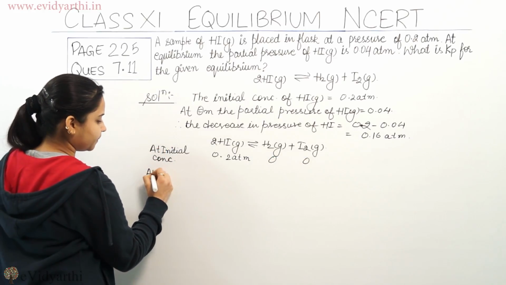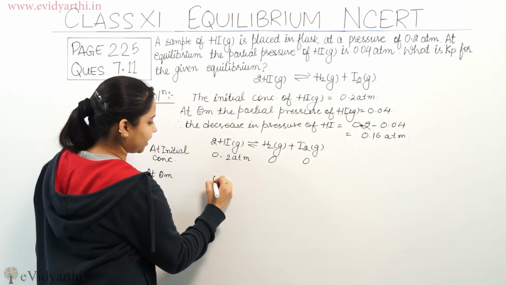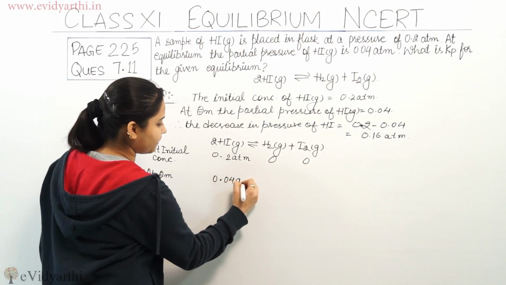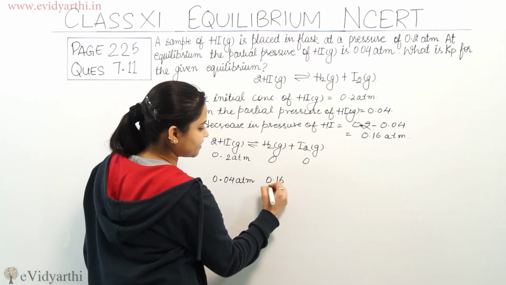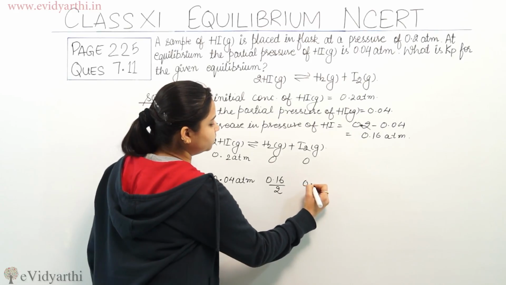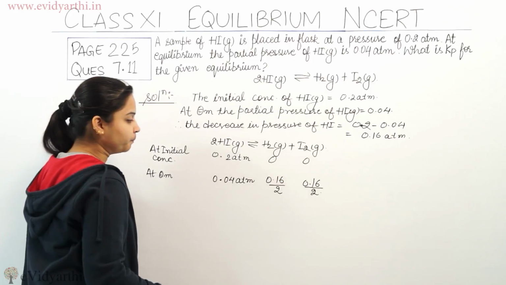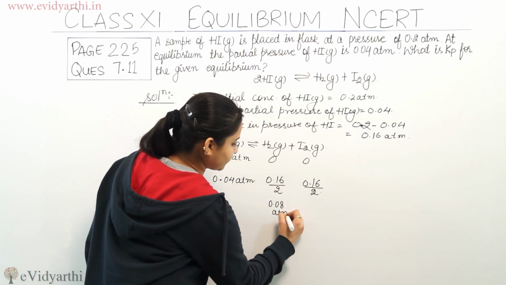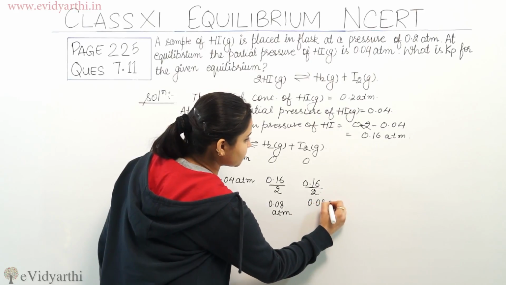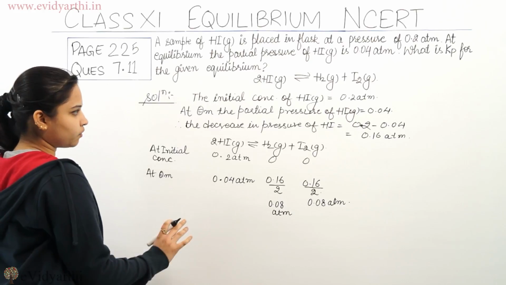At equilibrium, the concentration of HI became 0.04 atm and for H2 and I2 it became 0.16 divided by 2, and of I2 is also the same, 0.16 divided by 2, which is equal to 0.08 atm, and this is also 0.08 atm. Clear? You have understood everything up to here.